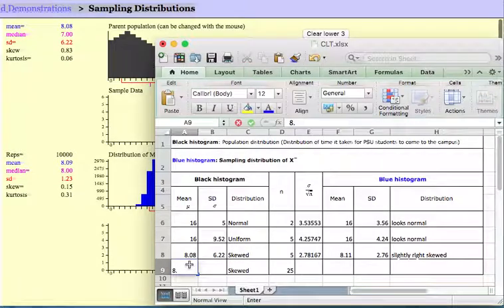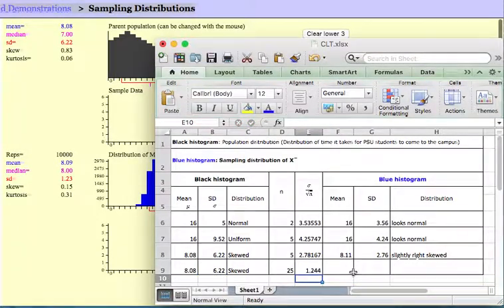Population mean still 8.08 with a standard deviation 6.22. Skewed distribution, sample size is 25, and sigma over square root 25 is equal to 1.24, and the blue histogram has a mean of 8.09 with the standard deviation 1.23, and if you look at the shape, we saw that it looks normal.